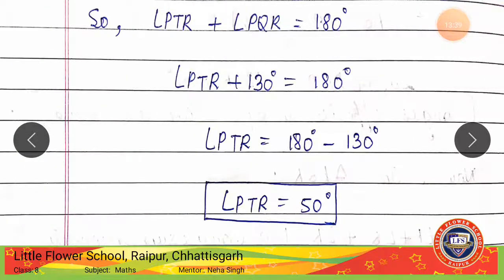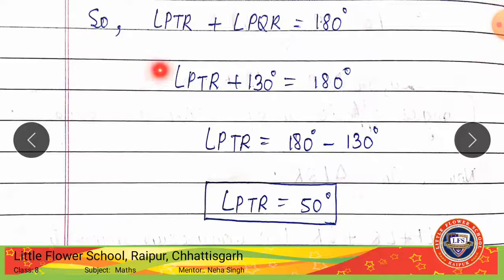So what will you say then? PTR and PQR will sum to 180 degrees, right? Then PTR plus PQR, we know the value, 180 degrees. PQR is 130. So PTR plus 130 is 180.